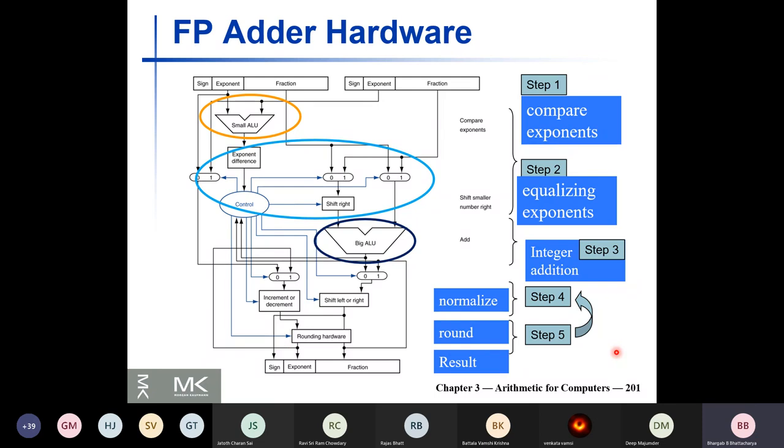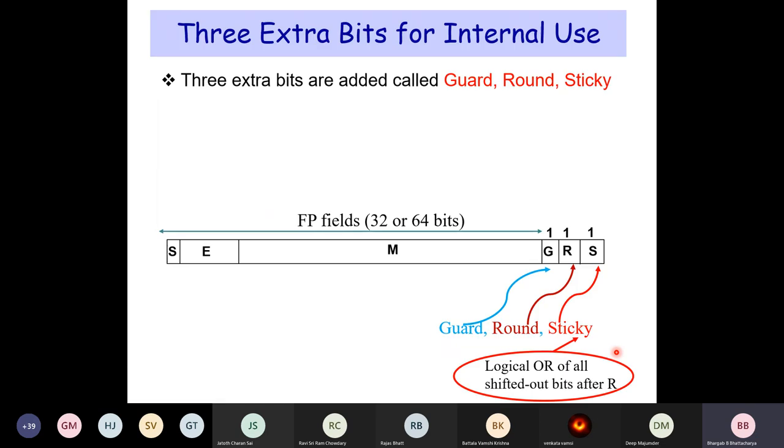In order to do that, as per the IEEE recommendation, the structure is like this. So what is actually done is the following. Whatever you see here is the programmer's viewpoint. This is the part which is visible to you, the sign, exponent, and mantissa.